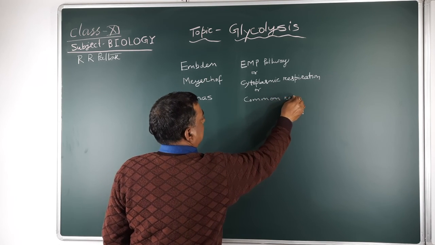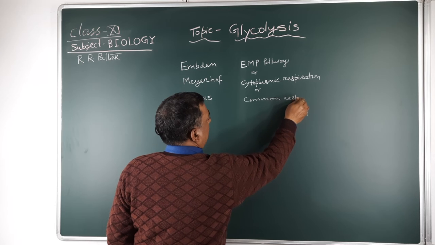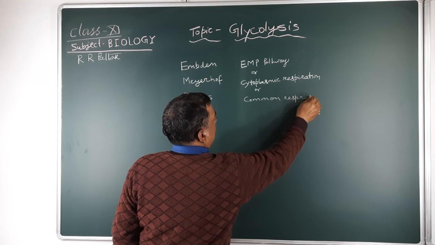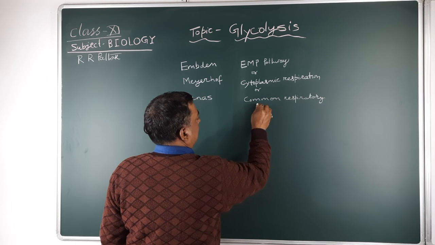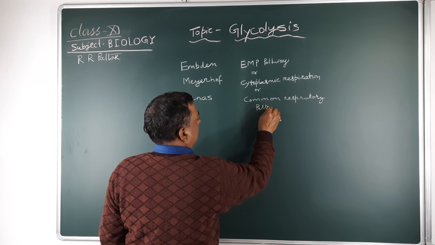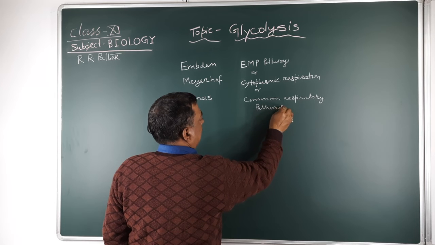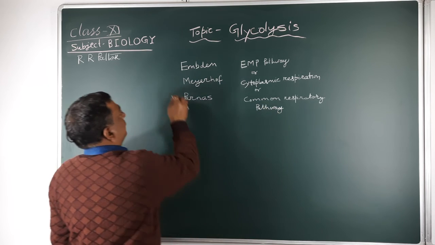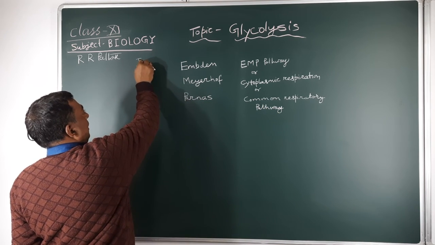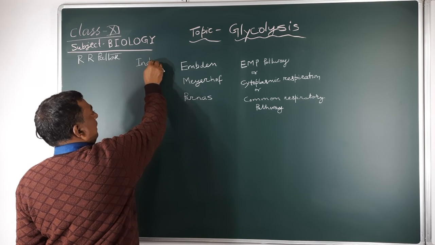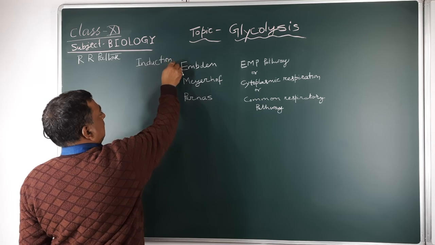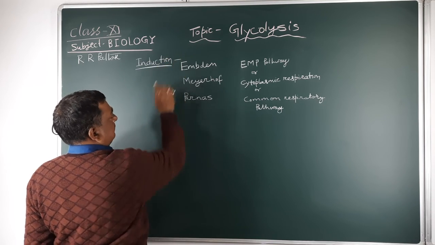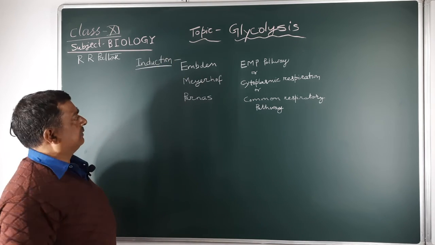So that is why it is called common respiratory pathway. So it is also called EMP pathway, cytoplasmic respiration or common respiratory pathway.